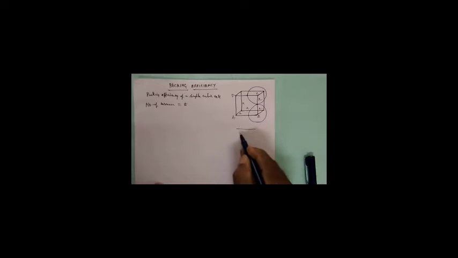See, the 8 unit cells are shown in this manner. These are 4 unit cells in one layer, 1, 2, 3, 4.